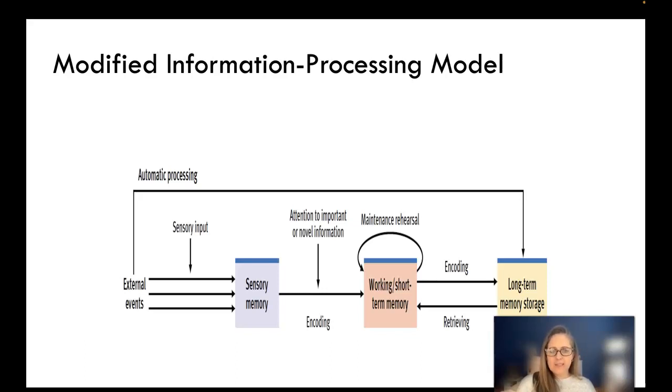But when you get that exam and you start reading the questions, in order to answer those questions, you need to retrieve that information from long-term memory and pull it back into short-term memory so that you can use it in order to answer the questions on the exam. So we're going to look at those three different parts, or those three different components, and we're going to look at it in terms of those three processes: encoding, storage, and retrieval.